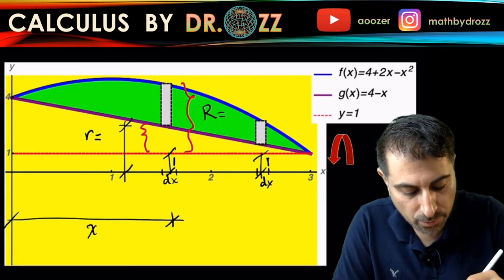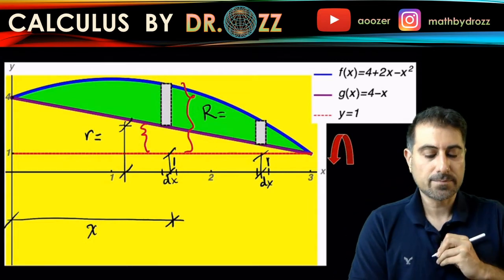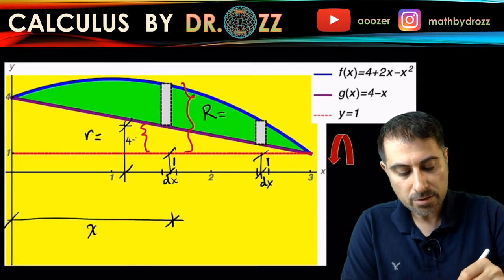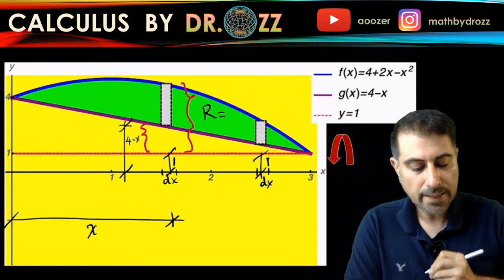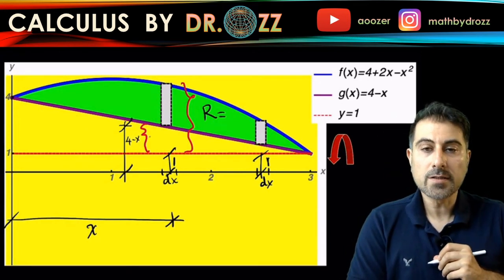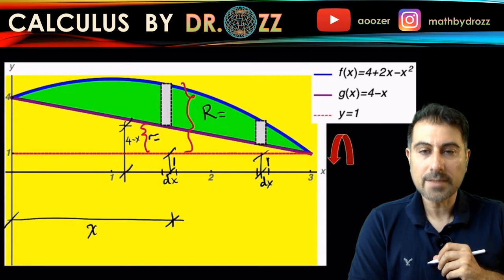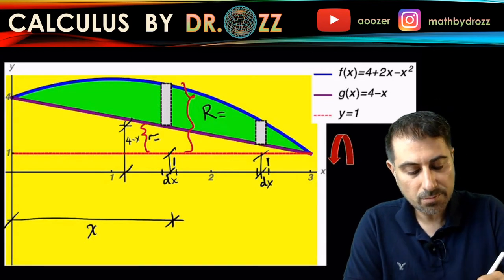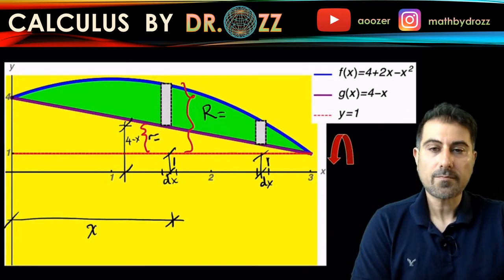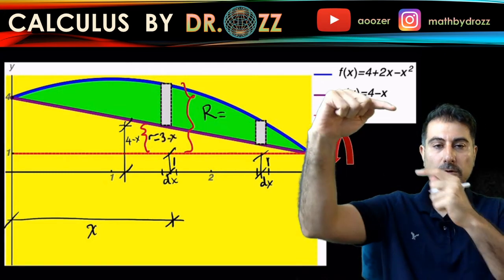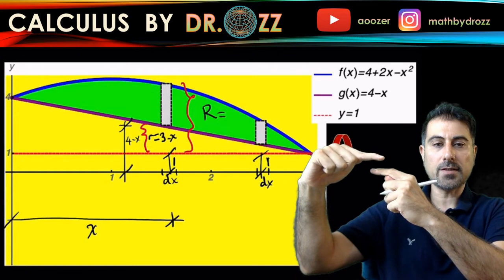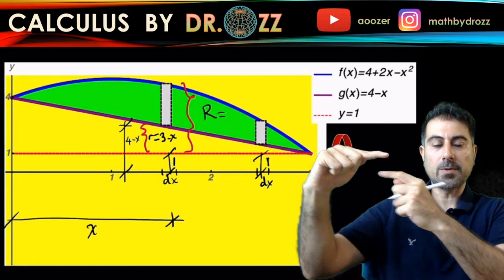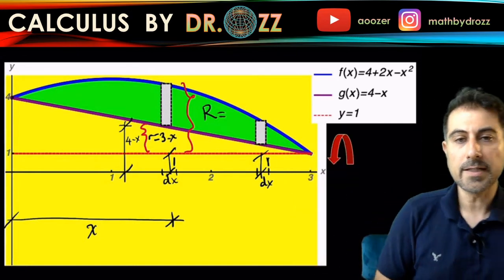So r is 4 minus x minus 1, which is 3 minus x. Because 4 minus x is the full distance here, and then there's also this 1 unit distance that you should take out.